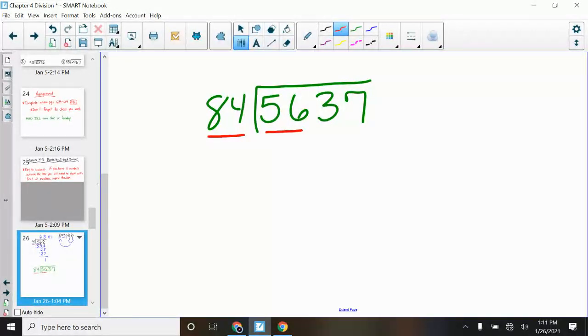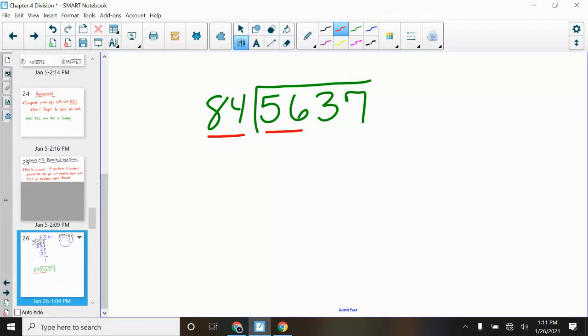Come on, trust your gut. Why will 84 gumballs not fit into a container that only holds 56? Allie: Because if it can only fit 56, then there's no way it can fit 84 inside of it because it's too little of a number. Yes, 56 is too little.